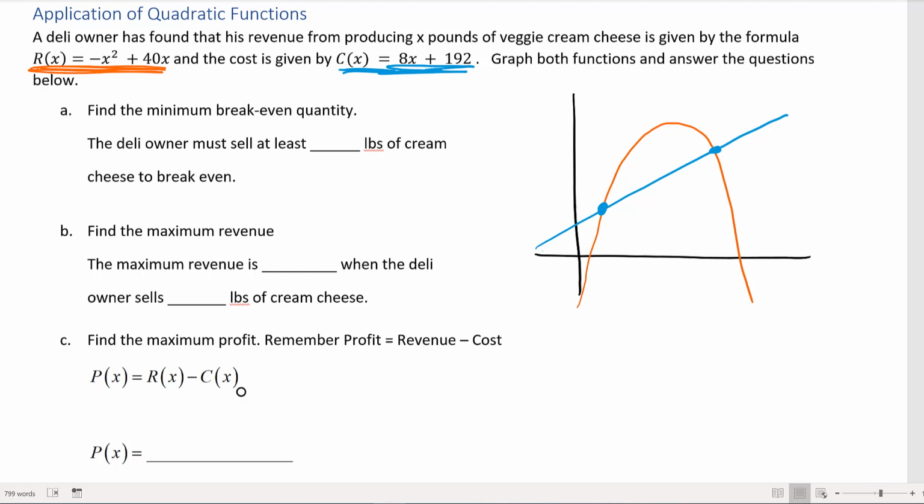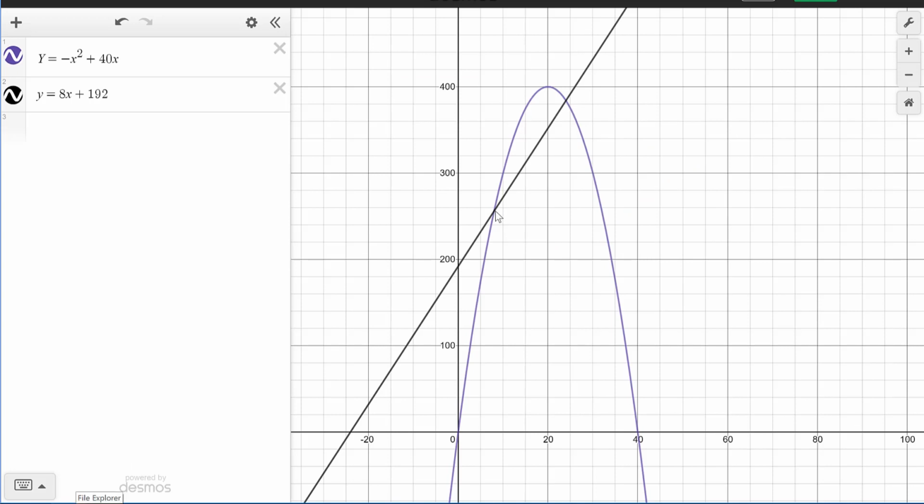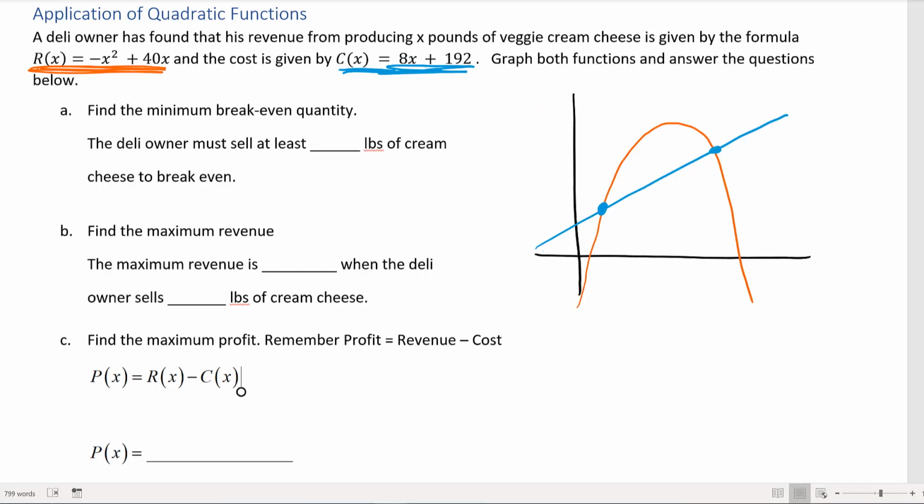So I'm going to come over to my graph, and to find that value, all I have to do is click right around where I think that point is going to be, and the answer pops up. That intersection just pops right up for me: (8, 256). So I'm going to come over here, and I have this point being (8, 256). So what does that mean? The deli owner must sell at least 8, which is the x, pounds of cream cheese to break even.